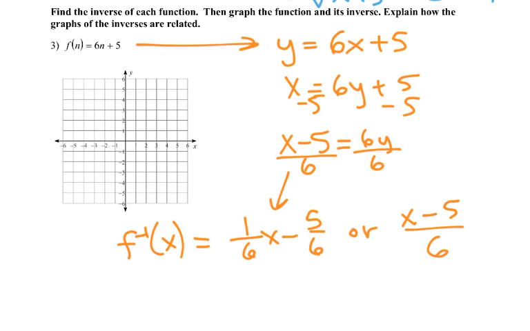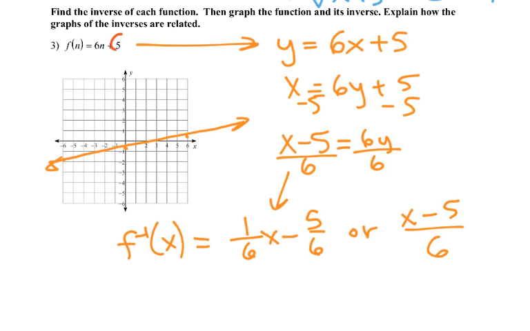Okay, and we can try to graph them both by hand. -5/6, that's almost -1, so it'd go like right there. And then we go up 1 to the right 6, or down 1 to the left 6, roughly like that.